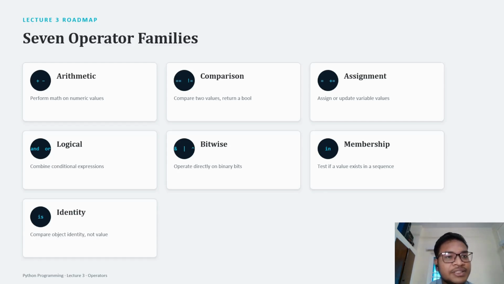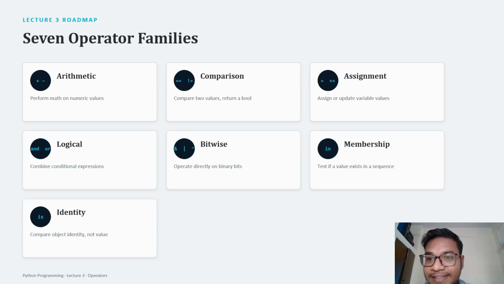So this is the roadmap of this lecture. There are seven operator families. First is the arithmetic operator, that performs math on numeric values. Second is the comparison operator, that compares two values and returns a bool. Bool means true and false, that we discussed in our previous lecture.